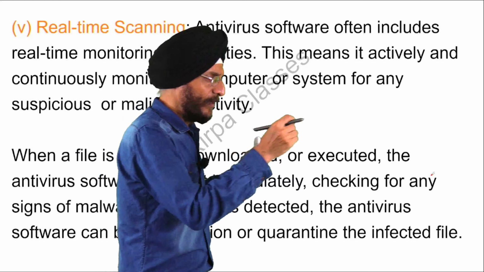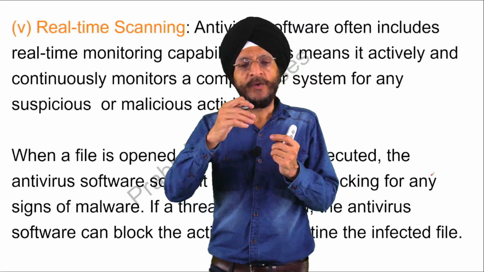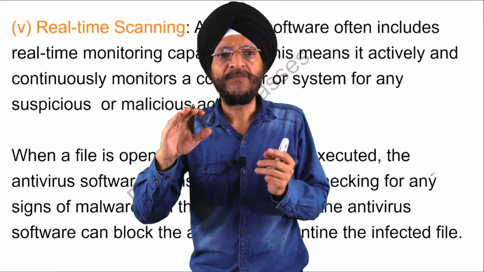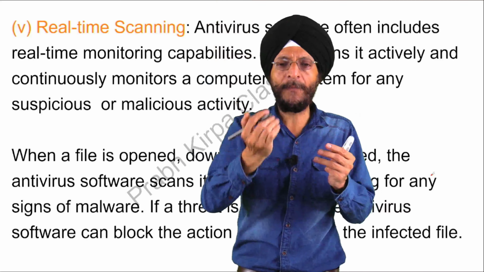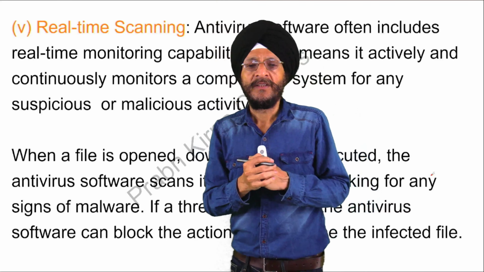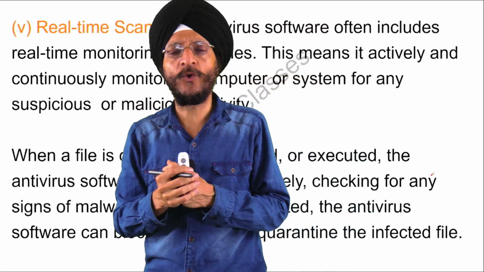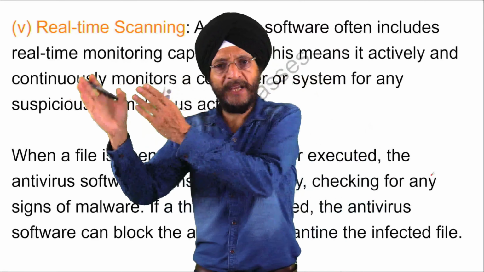Whenever we open a file or download some file or execute a file, the antivirus software immediately starts scanning the file which has been opened or downloaded so that it may check for any signs of malware, so that it may find out whether any malicious software is present in that file.